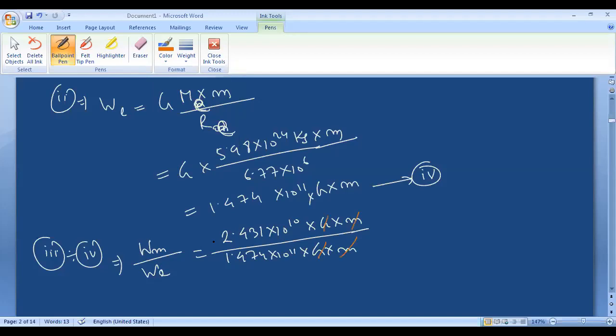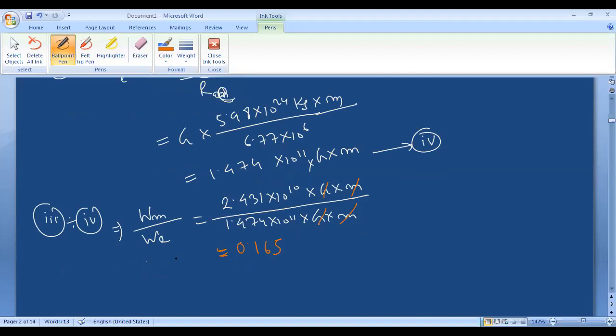When you solve this, your value will be approximately 0.165. That means Wm by We is 0.165, which is approximately 1 by 6. When you divide 1 by 6, the value is about 0.165.